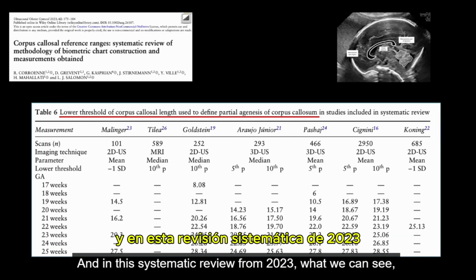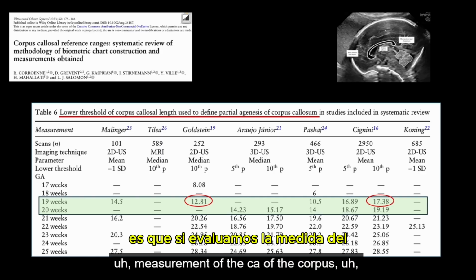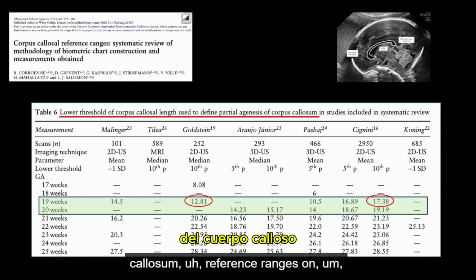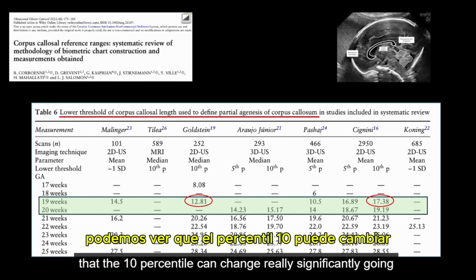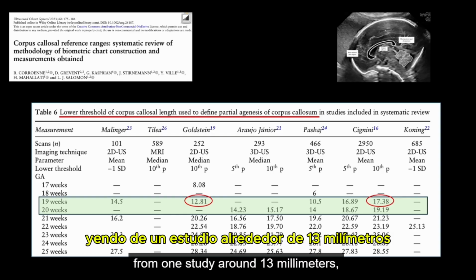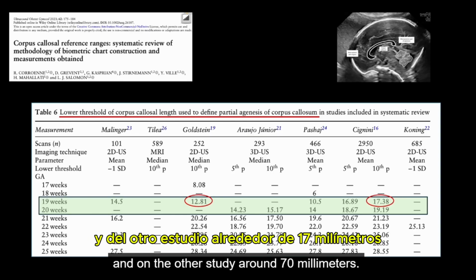In this systematic review from 2023, what we can see, for example, is that if we assess the measurement of corpus callosum reference ranges on two-dimensional ultrasound, the 10th percentile can change really significantly, going from around 13 millimeters in one study to around 70 millimeters in another.